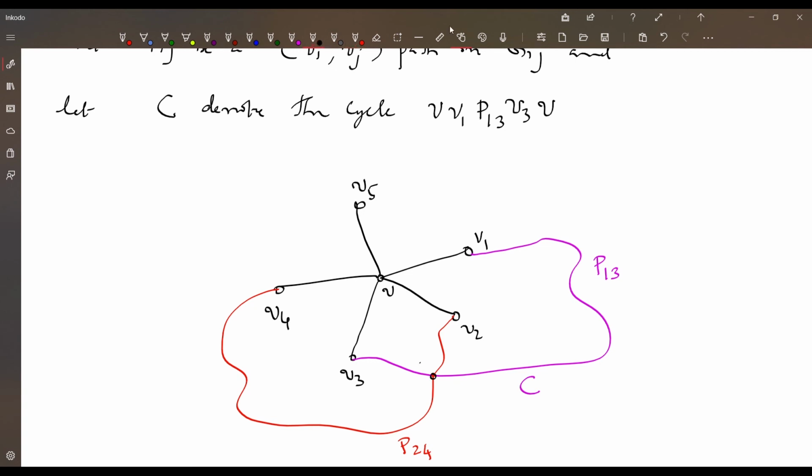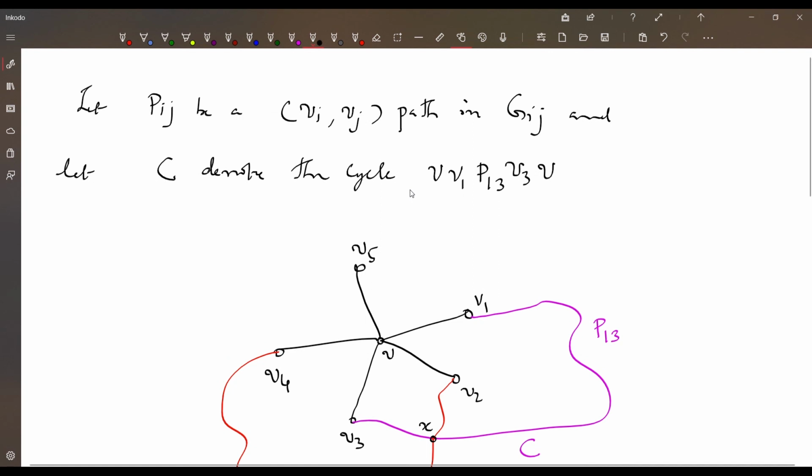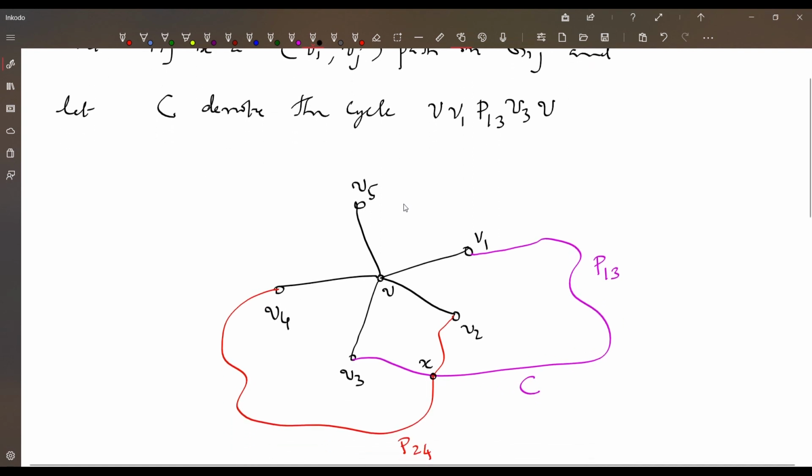Suppose that this is the vertex X. As it is a part of the path P13, its color must be either 1 or 3. And since it is a part of the path P24, its color must be either 2 or 4. So that is not possible. So we get a contradiction. This contradiction is due to our assumption that the planar graph is not 5 vertex colorable. So we'll write these things.